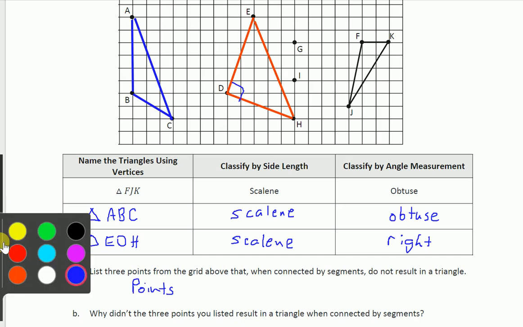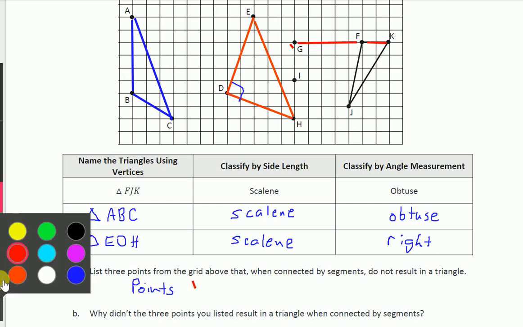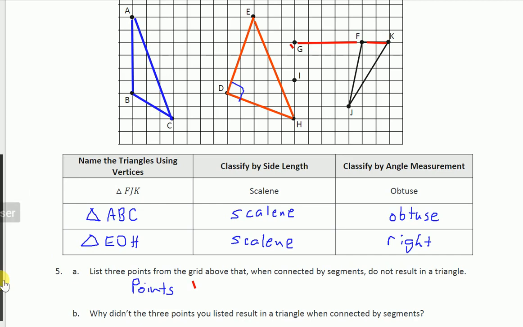This says 3 points, because usually 3 points make a triangle, but if I were to connect, let's see, G, F, and K, that would not make a triangle.